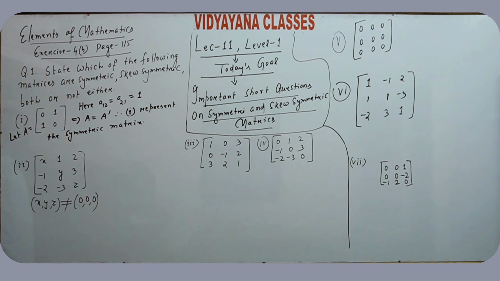Since A is equal to A transpose, the given matrix is the symmetric matrix.